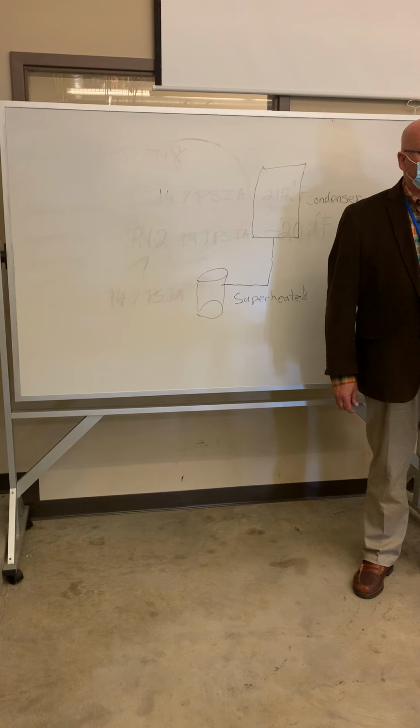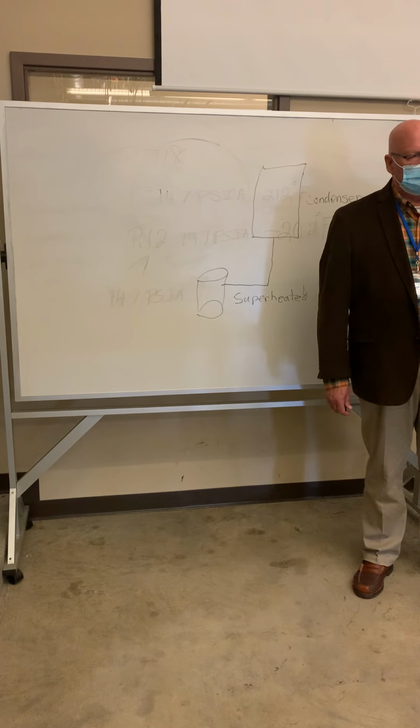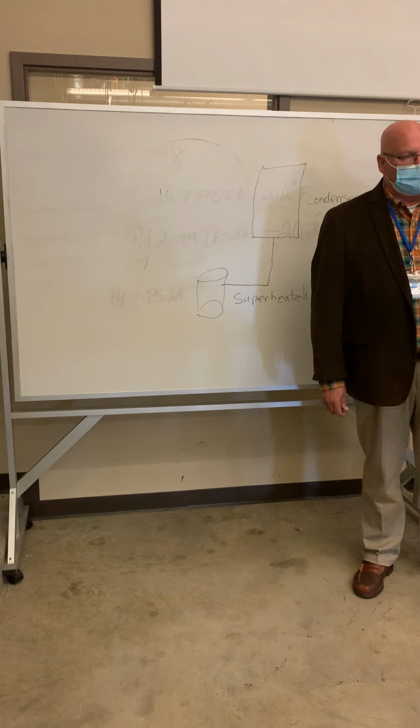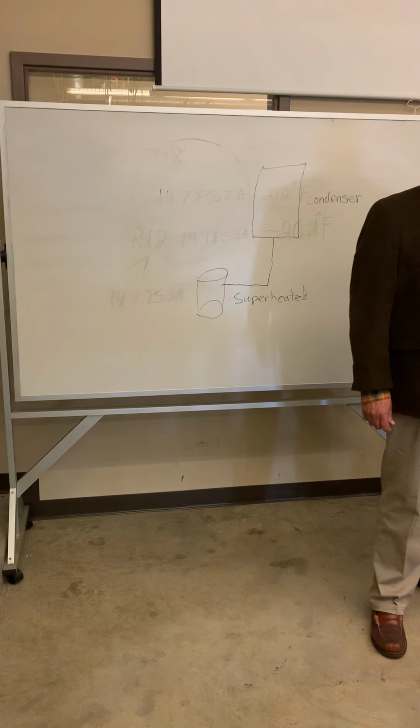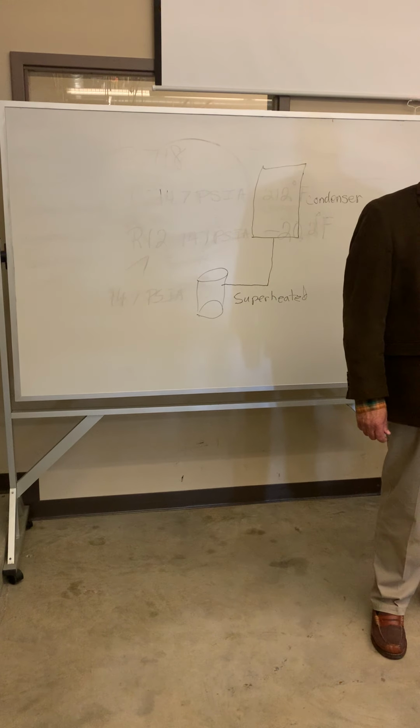It's going to get rid of all that heat, measured in British thermal units. It gets rid of it because we designed the condenser refrigerant to be hotter than the outside air temperature.